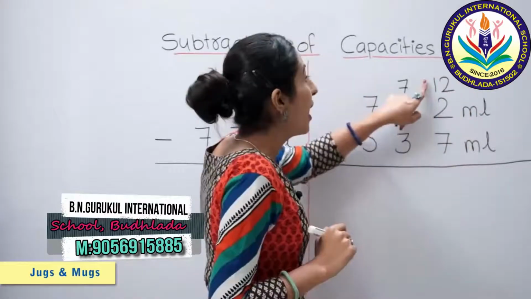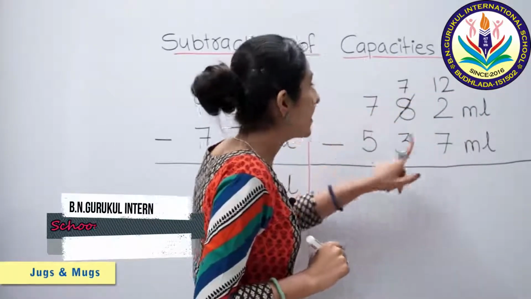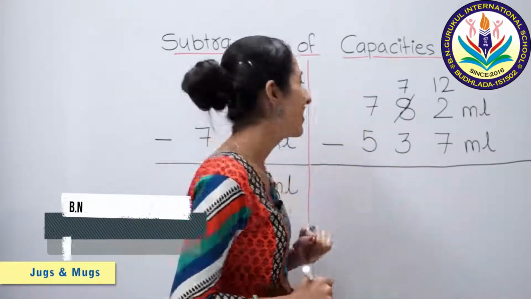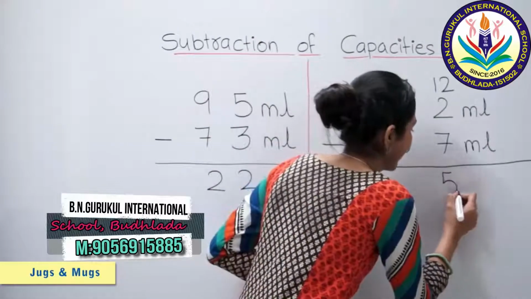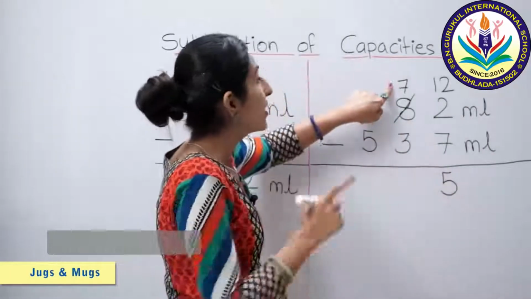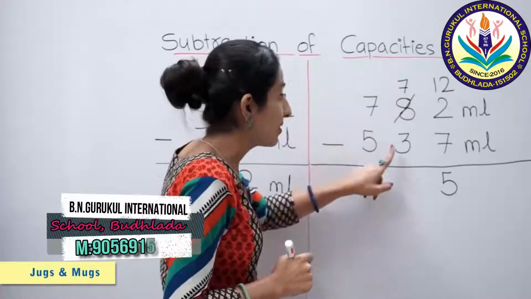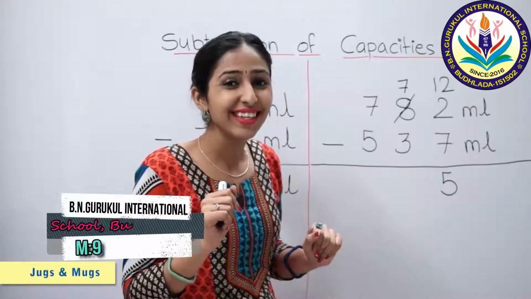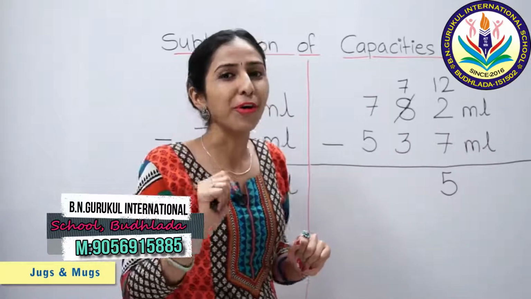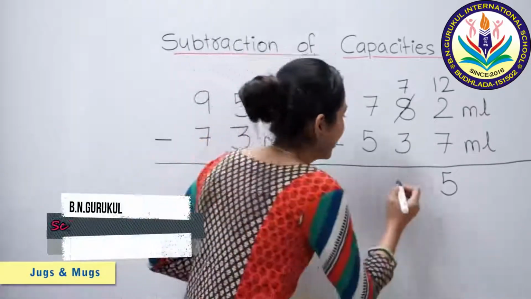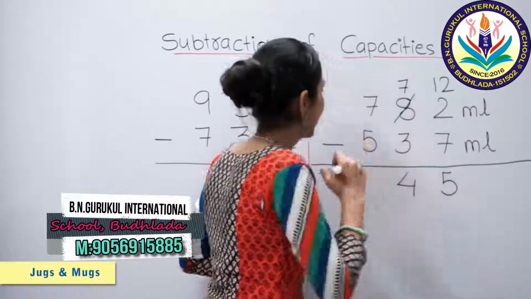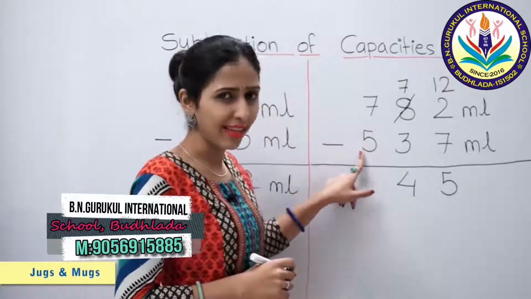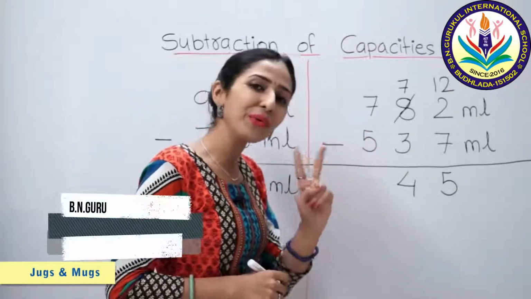Now, 12 minus 7 is equal to 5. 7 minus 3 is equal to how much? Count and tell me. 4. Right. 7 minus 5 is equal to 2.